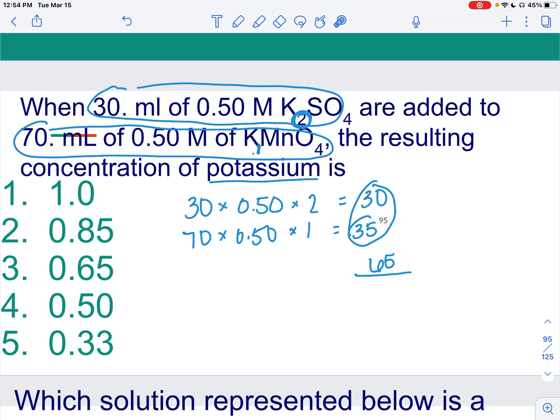So this is a pour together problem. Divide by 100 milliliters because this is millimoles, and you get 0.65 molar. So the resulting concentration is 0.65 molar. Again, something we've done before, but a nice little review of these basic solutions concepts.